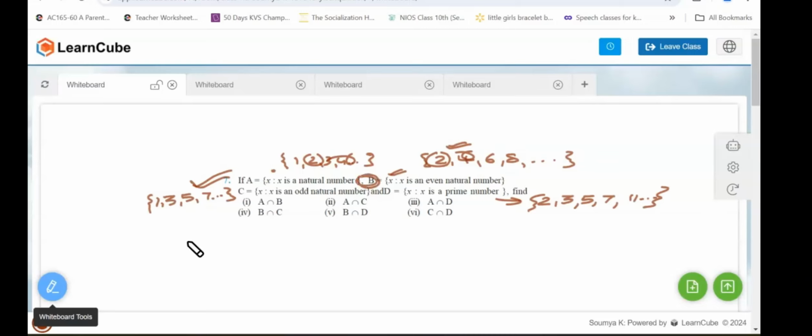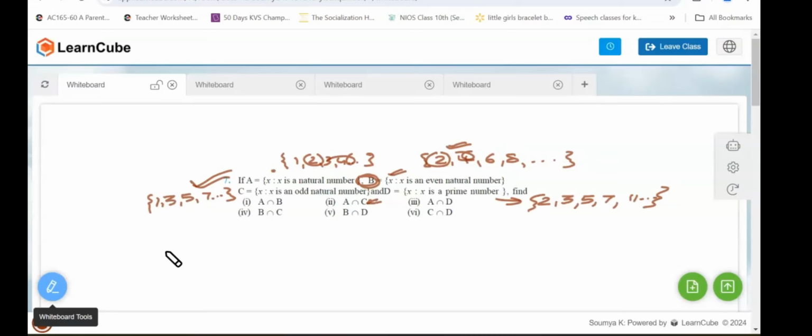Then next one is A intersection C. Again, A and C you have to keep in mind. This is A set and this is C set. In that, what is common? In that you will get common odd elements, odd natural numbers. So it will be similar to your C set.